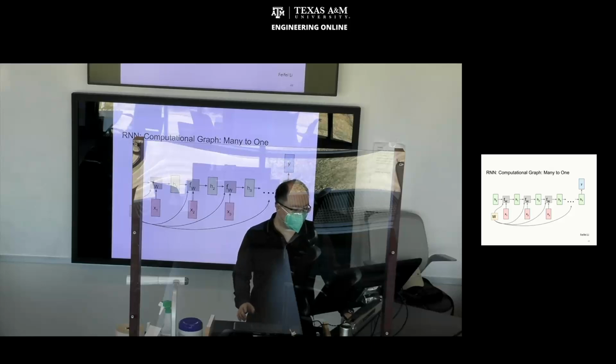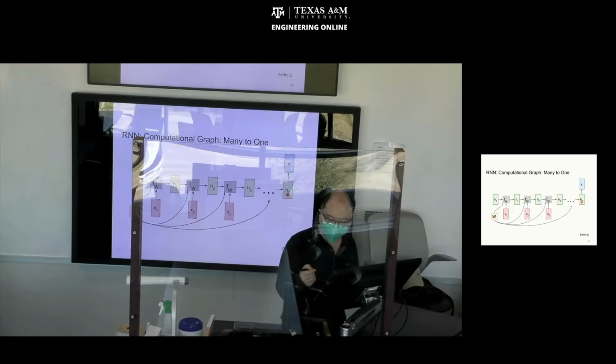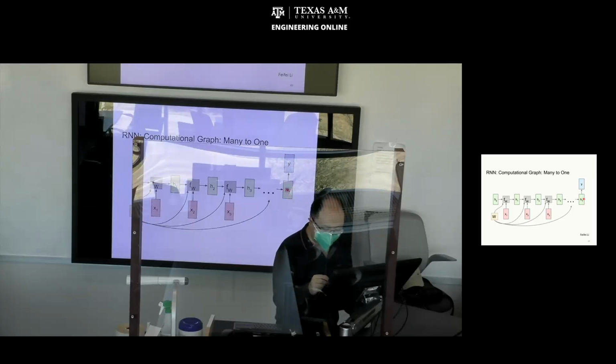And if it's many to one, in this case, maybe you are just trying to figure out the sentiment behind this sequence, then the final readout is probably mapped from the last hidden state, h sub t, and then this is your y.